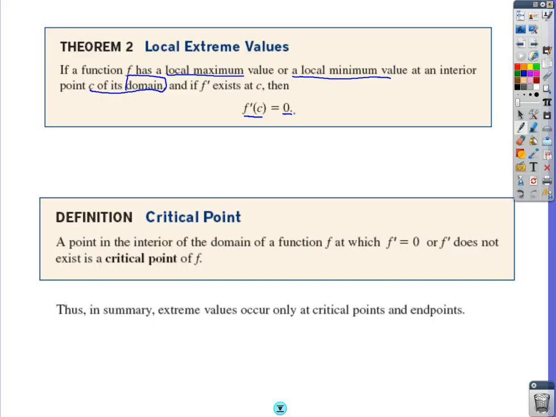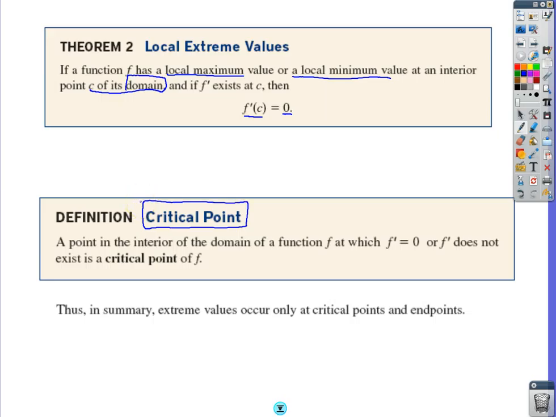I can say that if f prime of c equals 0, then I know I'm going to have some type of local maximum or local minimum there, and it may be an absolute minimum or absolute maximum. Which gets us to the critical point, which again is another favorite. We're going to have to know this. I will be saying critical point many times.